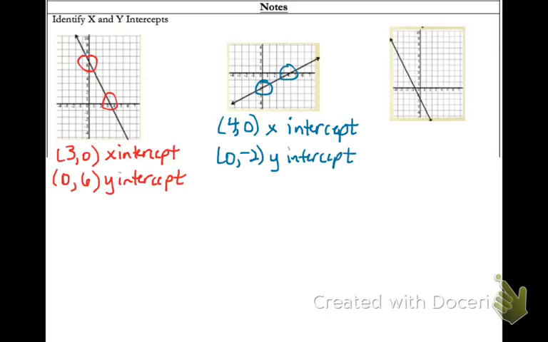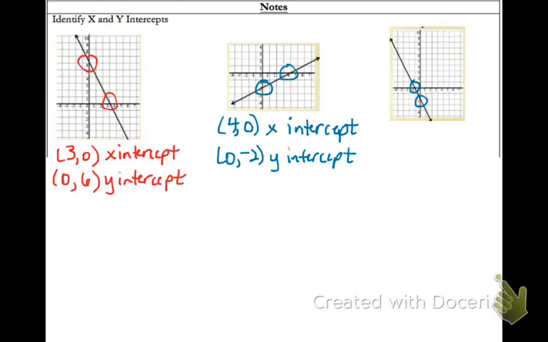Then the third graph, let's identify. So we've got the y-intercept at, no, I'm sorry, that's the x-intercept at negative 1, 0. And then the y-intercept at 0, negative 2. So let's write those points.